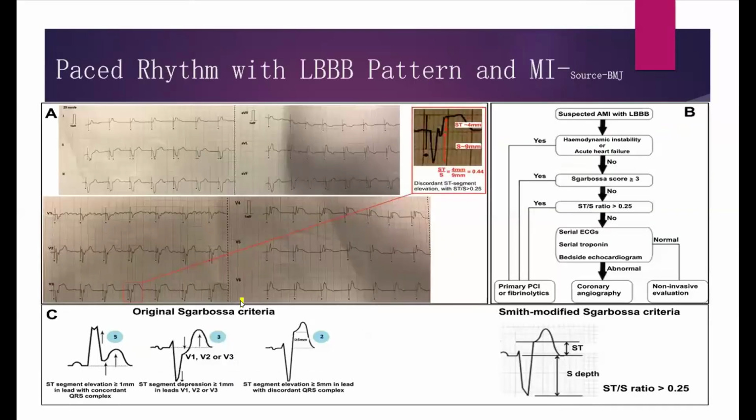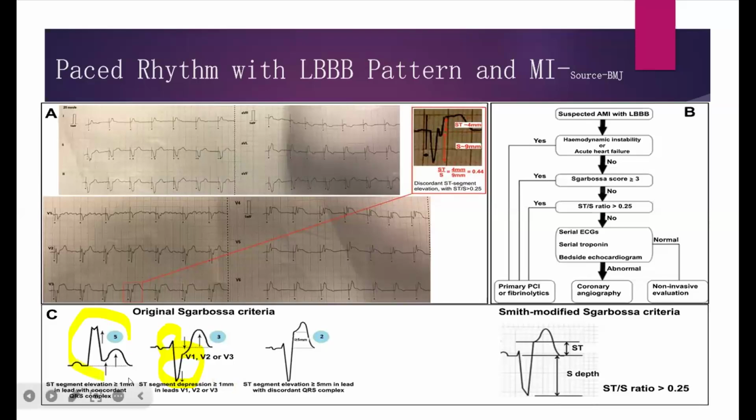What about when you have LBB? So when you have LBB, you use what is known as the Sgarbossa criteria, from an Argentinian cardiologist. So you look at when you have a discordant RS, that means the R is pointing upwards and the S is pointing below. Then if you get an ST elevation of 1 millimeter, that is likely a patient with MI.